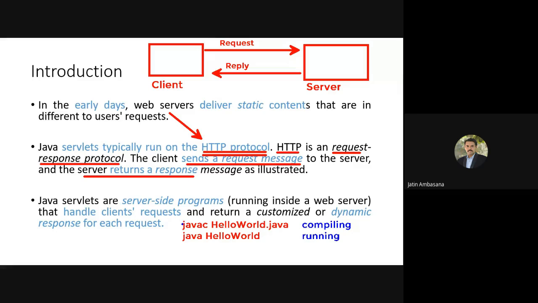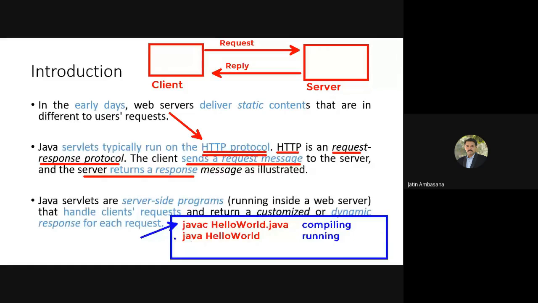Now this will not be the case. Here you will compile it like this, but you will need lots of other jar files in the class path. For that we will make use of an IDE, so that the IDE takes care of all those things. Also, we do not run it like this, because then it would run through the console and the output would be given to the console only.